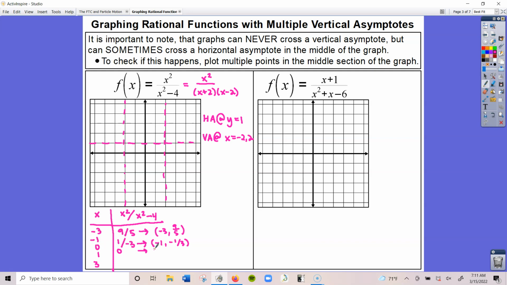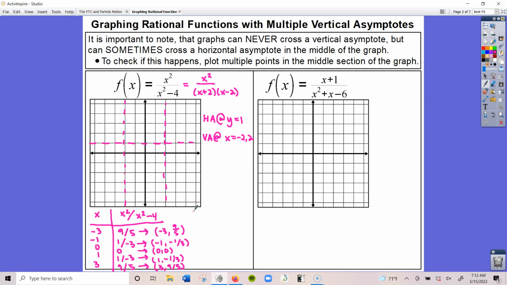So we have a coordinate at 0, 0. When I plug in 1, this will be 1 over 1 minus 4, which is -3. We have another coordinate at 1 and -1/3. And then for 3, this will be 9 over 9 minus 4, which is 5. So we have our final coordinate at 3, 9 over 5.